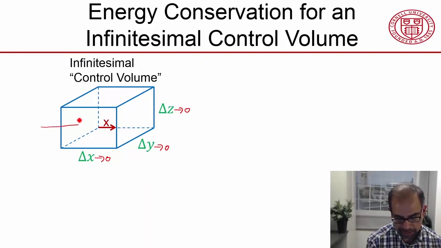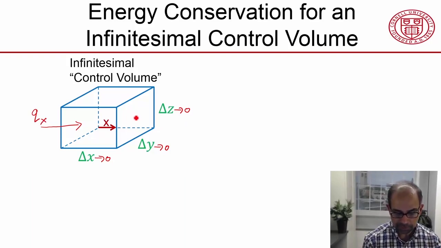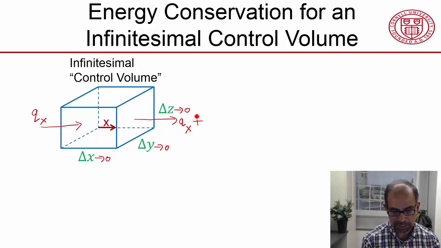There is a heat flow through that face, which I will denote as Q sub x. This is a heat flow in, and then there is a heat flow out through that face, which I will denote as Q sub x plus delta x.